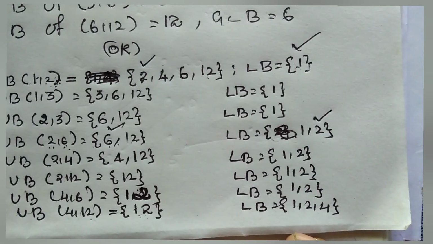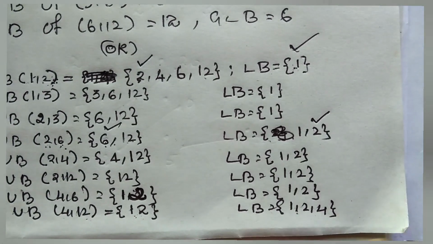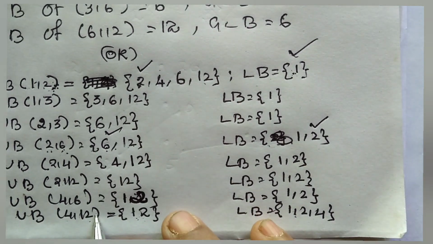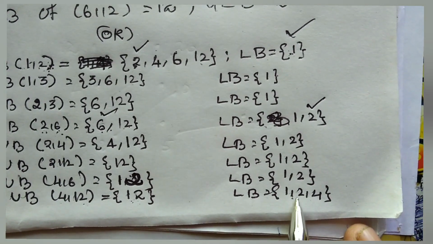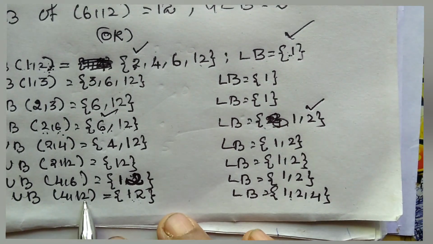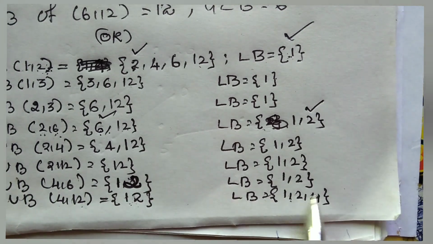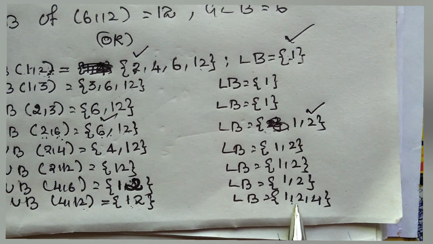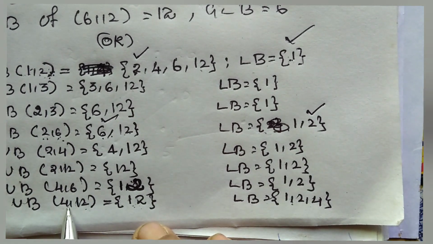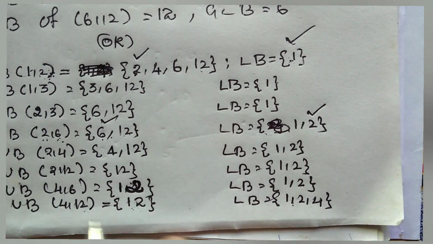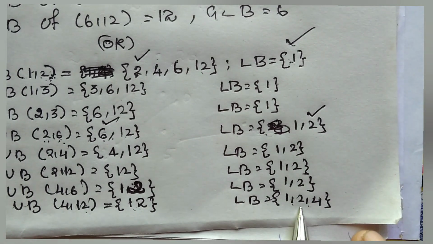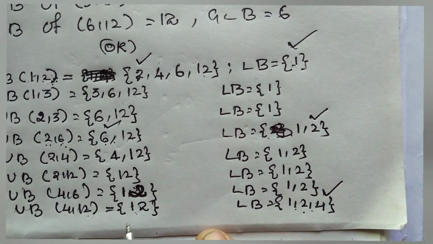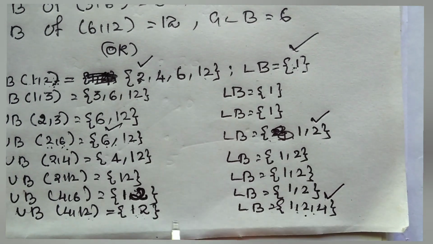And the numbers which divide 4 and 12: 1 divides 4 and 1 divides 12, 2 divides 4 and 2 divides 12, and 4 divides 4 and 4 divides 12. So this is the collection of common factors of 4 and 12, 1 to 4. From this we take the greatest value, which is 4. So the GLB of 4 and 12 is 4.